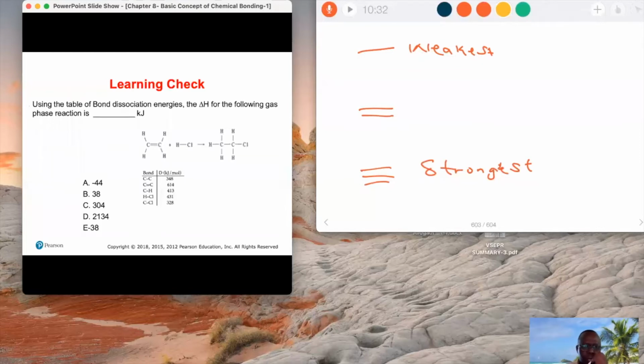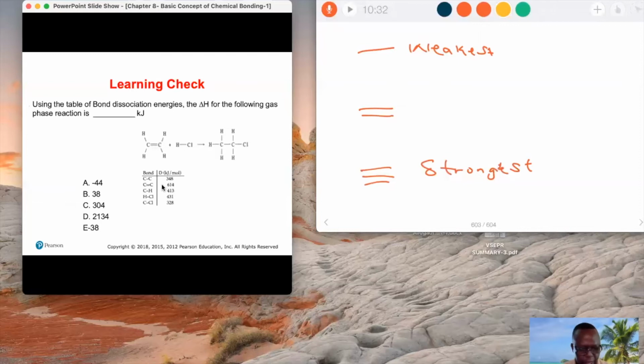Let's see a typical question you'll see in the exam. You don't need to memorize the numbers, but given a table similar to what you see here, this is the change in energy required to break the single bond between carbon, double bond, carbon, hydrogen, chlorine, and so forth.